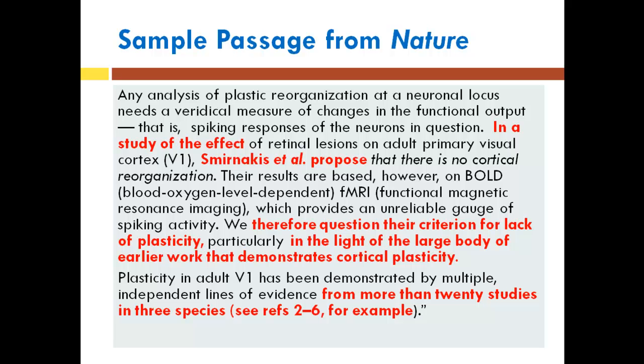It's even hard to pronounce for me. And also notice how often this article credits other research. "Smirnikis et al., in light of the large body of earlier work that demonstrates cortical plasticity." And then at the end, "from more than 20 studies in 3 species, see reference 2 through 6, for example." This is clearly an academic article.